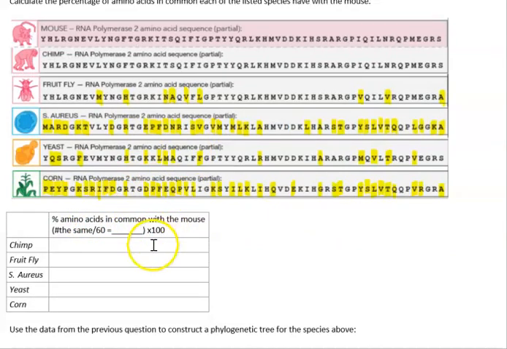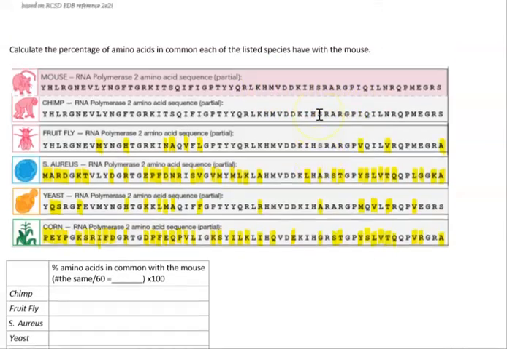You're then asked underneath to calculate the percentage of amino acids in common with the mouse. The easiest one to do would be the chimp, because when we've gone through those sequences and tried to find a difference, there's actually no difference at all. It's important to remember that we're only looking at a small section of this enzyme. We're only looking at 60 amino acids, and really there'd be hundreds of amino acids that make up this enzyme.